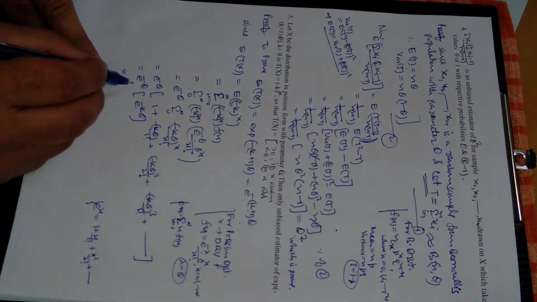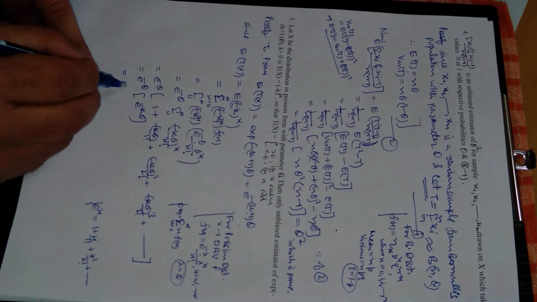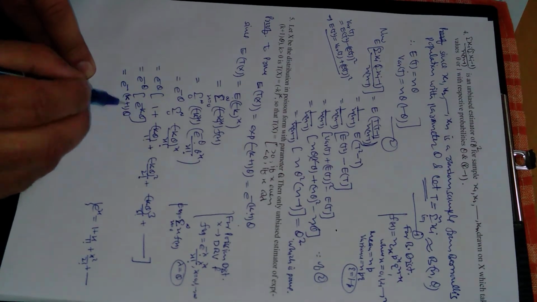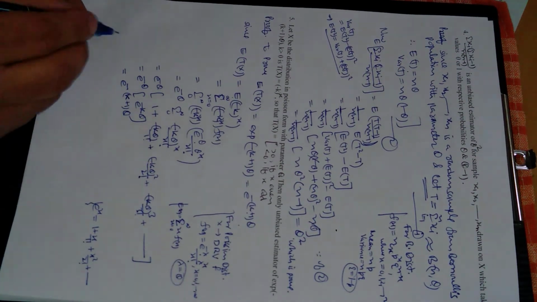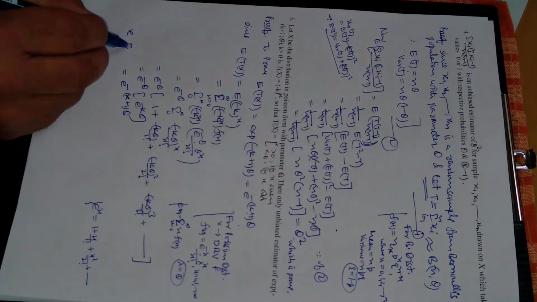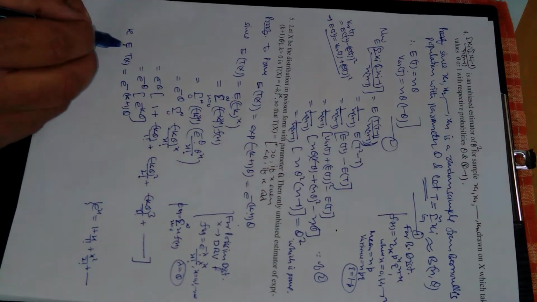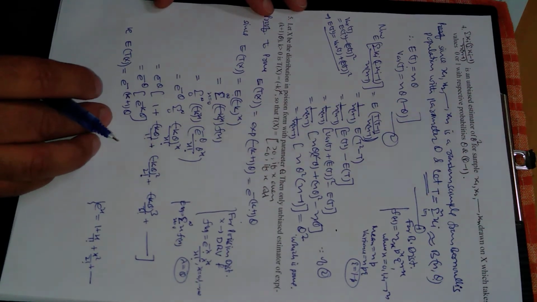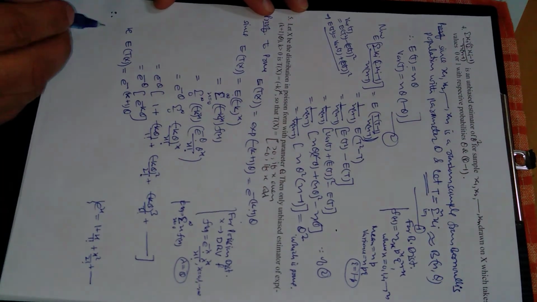So this will be equal to e raised to power minus, theta is common, so this is (k plus 1) into theta, right? So what we are proving, expected value of Tx is equal to this exponential term.